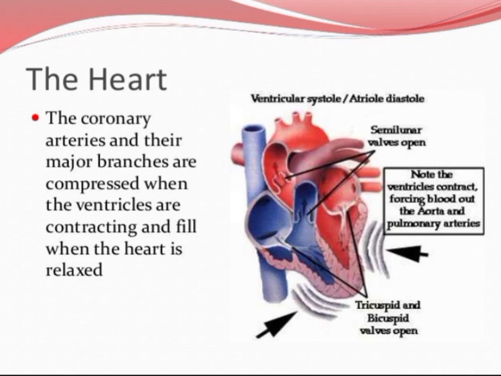The coronary arteries and their major branches are compressed when the ventricles are contracting and fill when the heart is relaxed. As we can understand from the diagram, the tricuspid and bicuspid valves are open. The semilunar valve is also open, and the ventricle contracts, forcing the blood out of the aorta and pulmonary arteries.